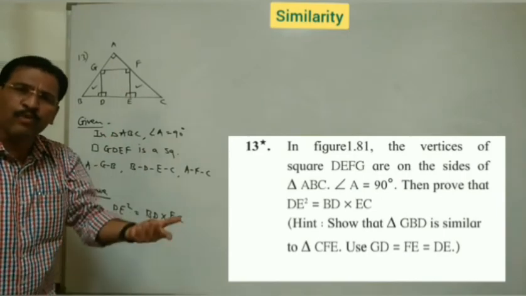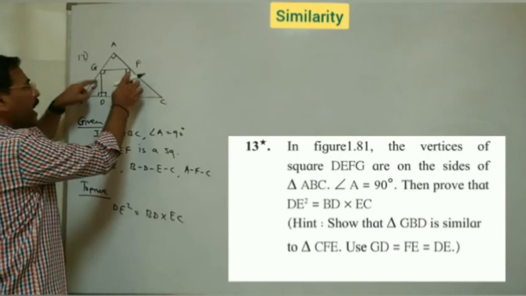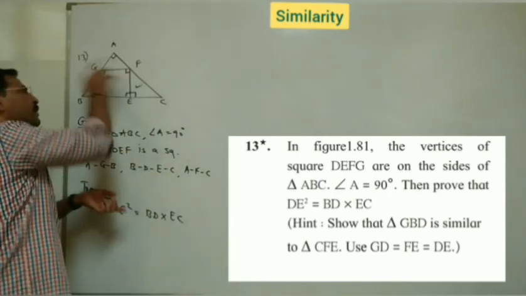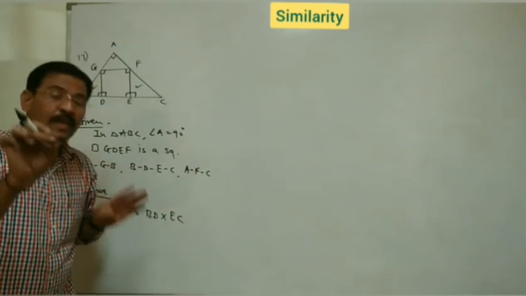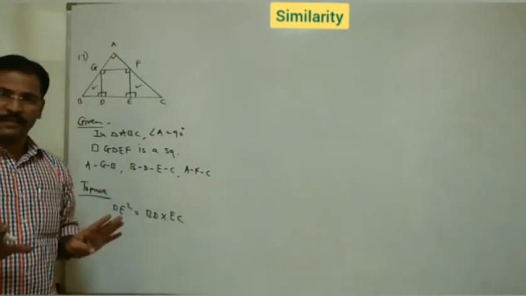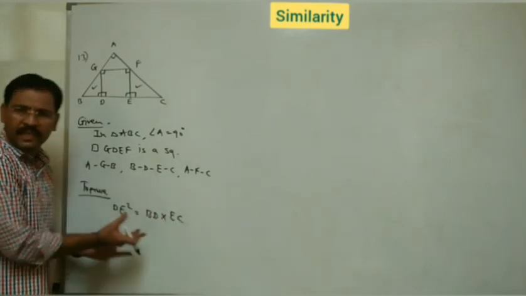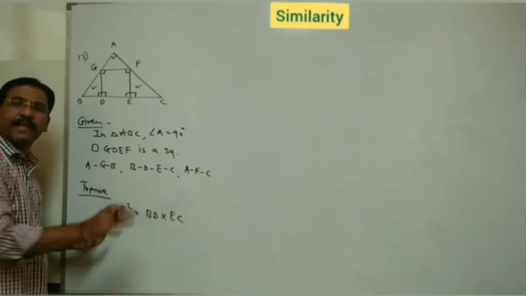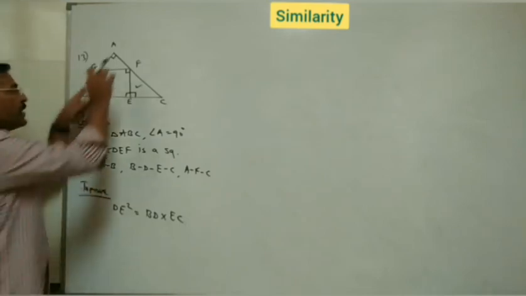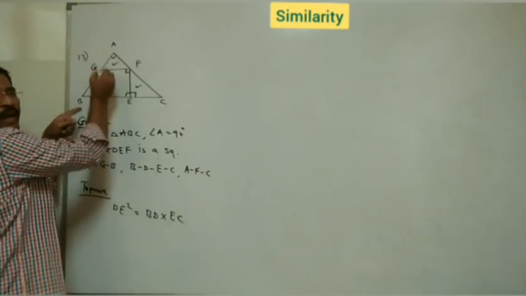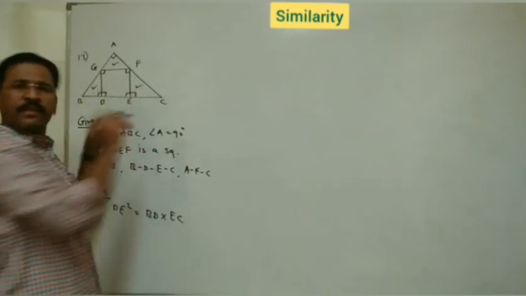Then sides are in proportion, then BD and EC will come, and these sides of the square we can replace by DE, and then our proof will be done. Means we have to use similarity. Whenever a property like this is there or we have to prove statements like these, every time we have to use similarity. So first of all we take these two triangles and then afterwards these two, then by transitivity these two become similar like this.